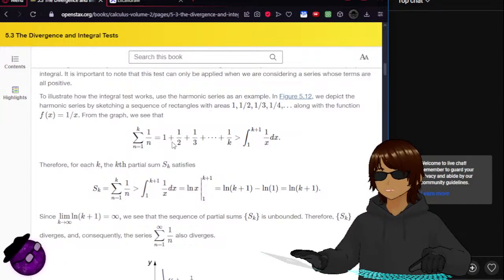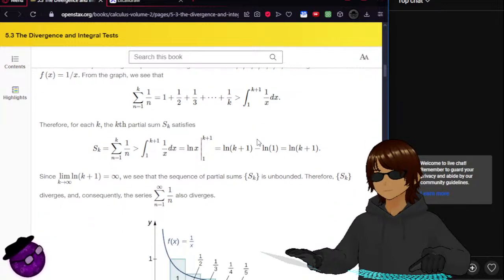Okay, let's see what they do. So this is 1 plus half plus 1 over 3. So we are taking the integral from 1 to k plus 1. I don't understand why. So 1, 2, 3 all the way till k. Why k plus 1? Therefore, for each kth partial sum, k satisfies.